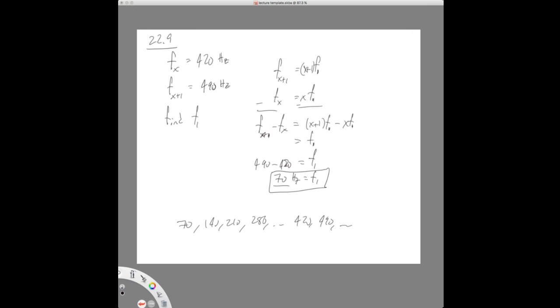All right, then the last one I wanted to do is 22.10. It says a violin string resonates at its fundamental frequency of 196 hertz. So F1 equals 196 hertz. Where along the string must you place your finger so its fundamental frequency becomes 440 hertz?